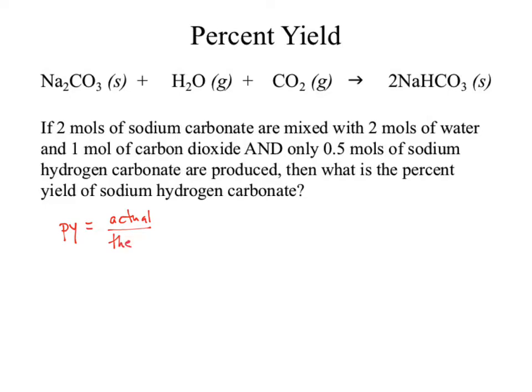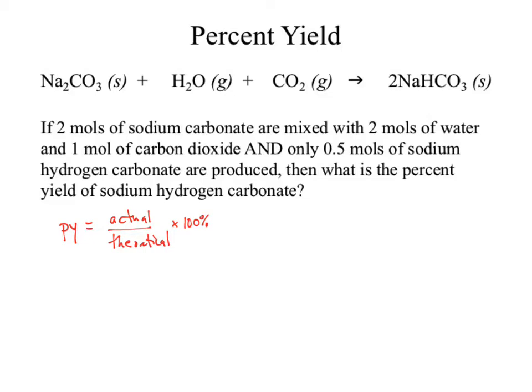Ethan, you're going to help me out? You called me out on it earlier. Actual over theoretical times 100. Okay. Am I given any of that information? The percent yield, this is the percent yield for what?